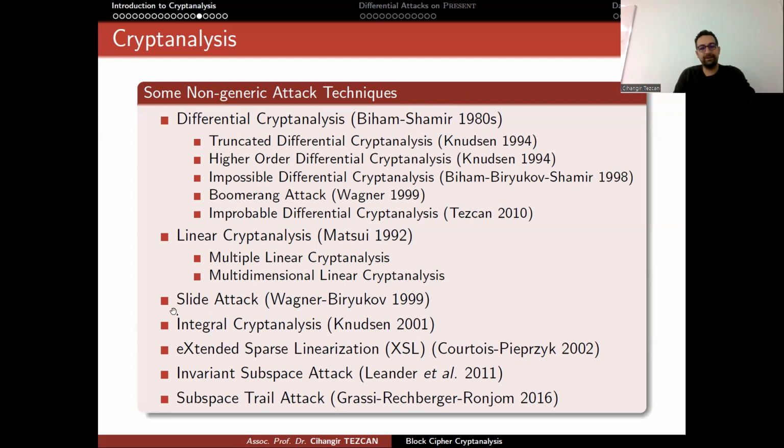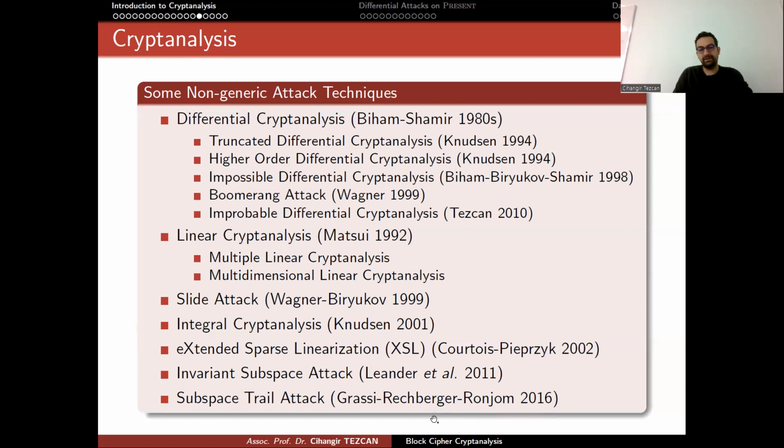But there are many different attacks, and actually we keep discovering new cryptanalysis techniques. So one of my favorites is the invariant subspace attack by Leander et al., which was discovered in 2011. And actually not much work has been done in this area, in my opinion. So maybe we can find more weaknesses.